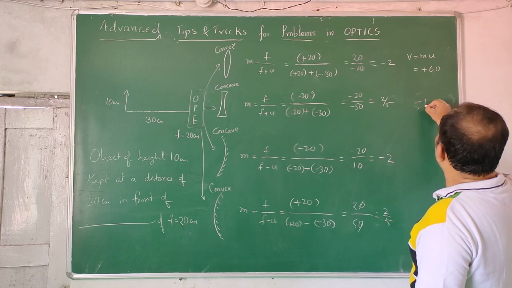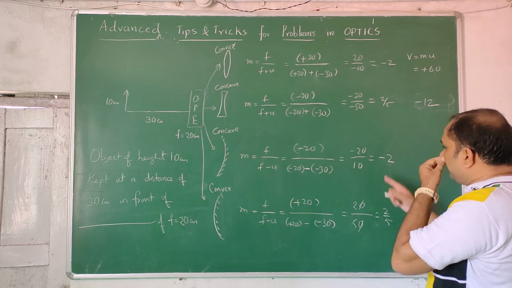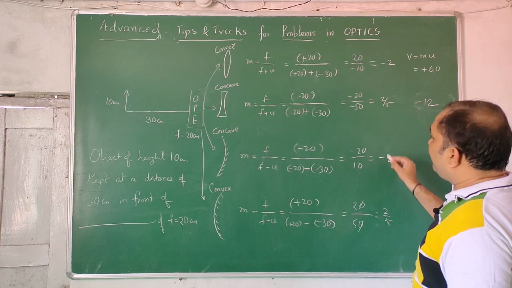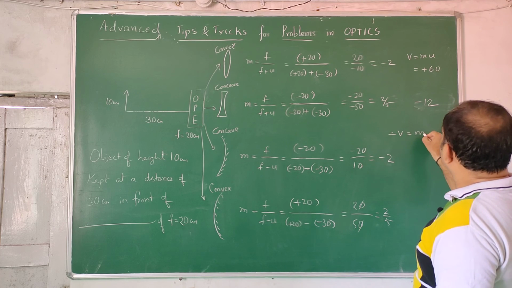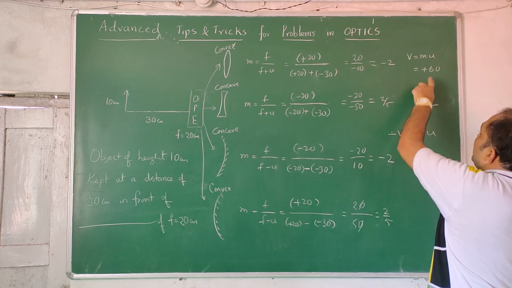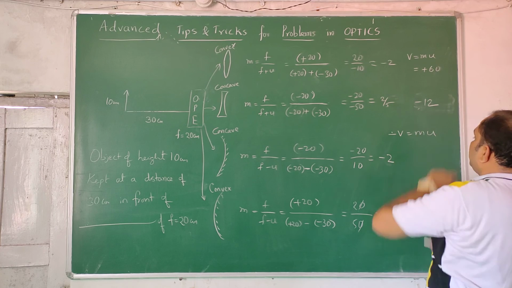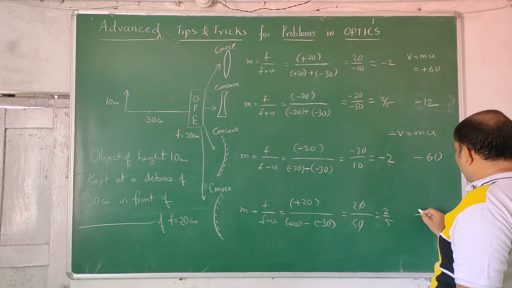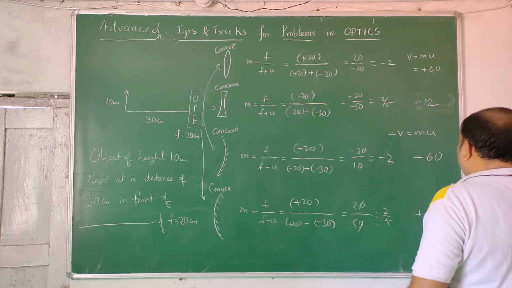So v is minus 12. Similarly here, v is equal to m u, the same thing, but for mirrors you get minus v, so it is minus 60 and plus 12. You will get it like that.